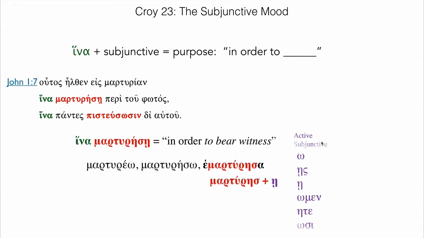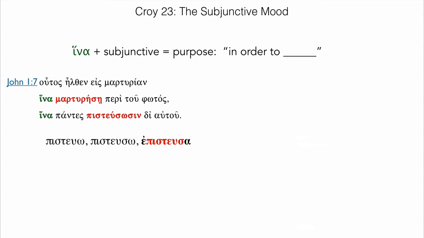And then we're going to add our active subjunctive endings. One thing to note here is that unlike the indicative, in the subjunctive mood there's one set of endings for the present tense and for the aorist tense, which makes it simpler to conjugate the subjunctive. So marturēsē is the aorist subjunctive: in order to bear witness.